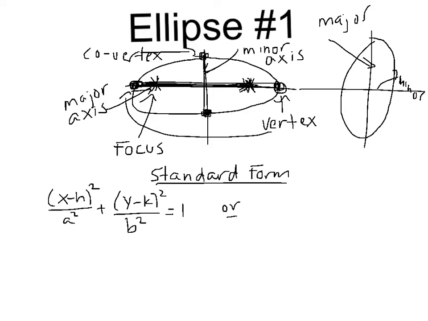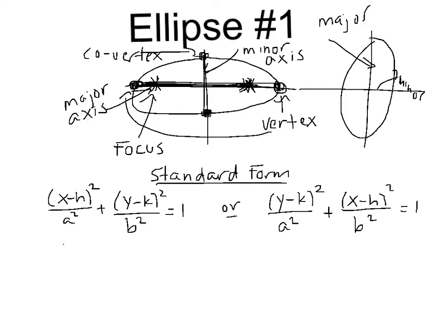Or we also have y minus k squared over a squared plus x minus h squared over b squared equals 1. The difference between those is that on the first one the x term leads, on the second one the y term leads.